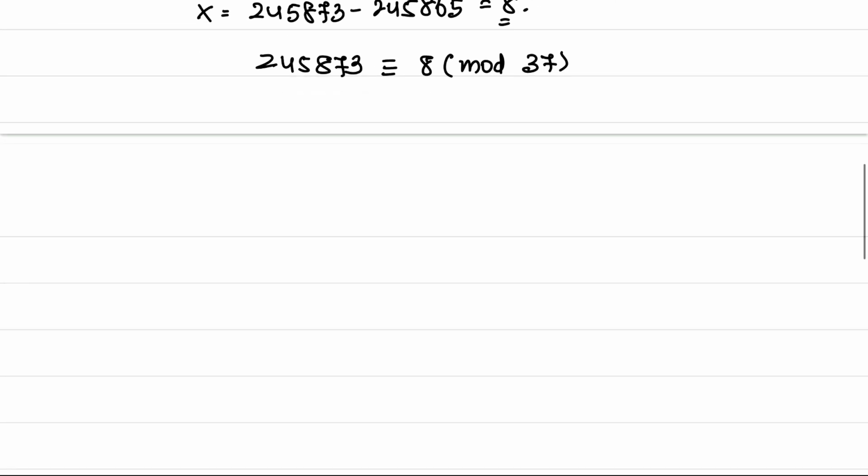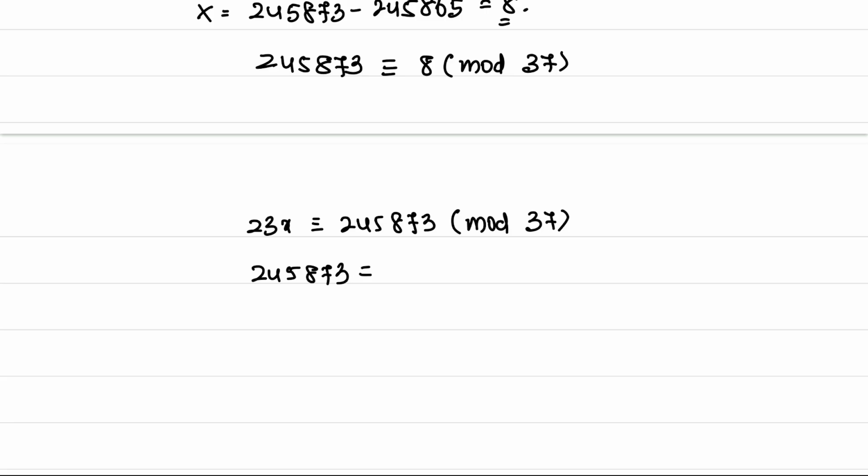One is 23x congruent to 245873 mod 37, and second is 245873 congruent to 8 mod 37.